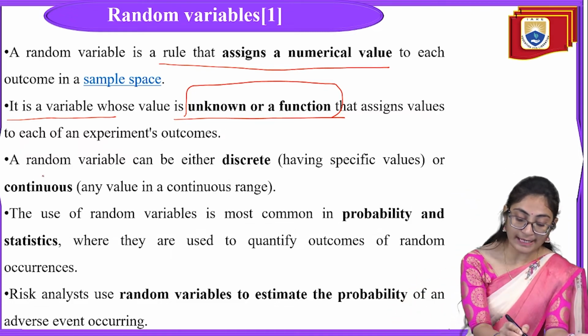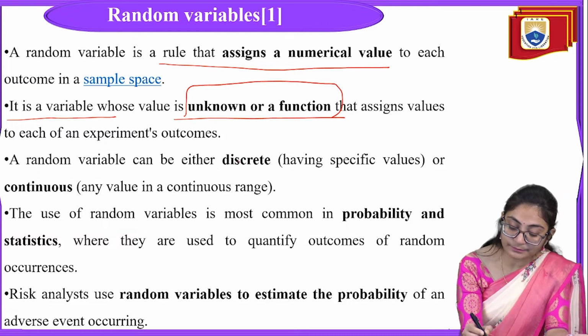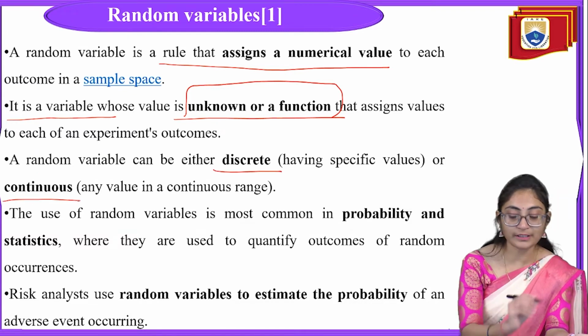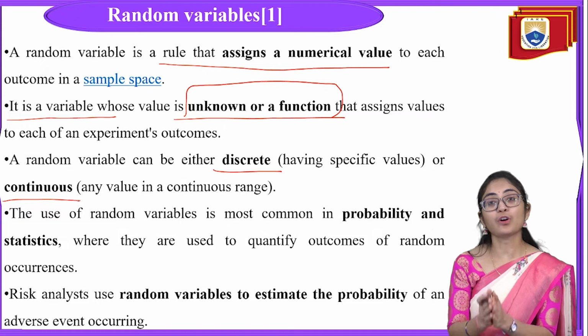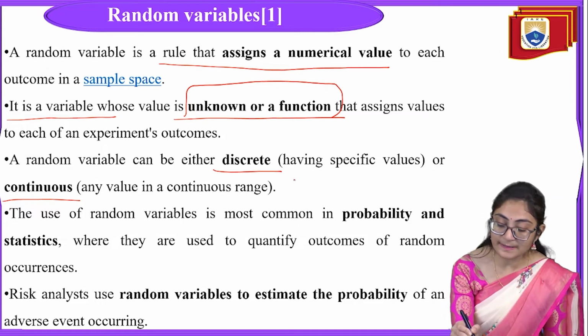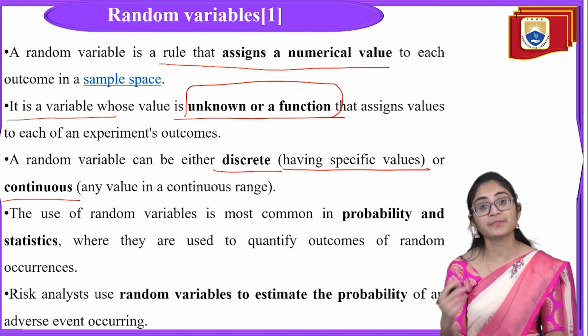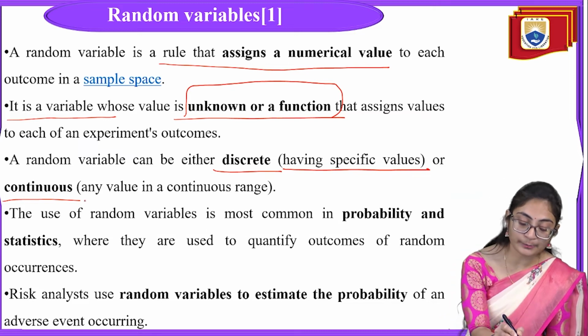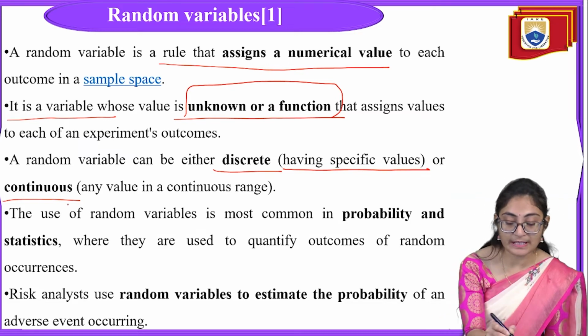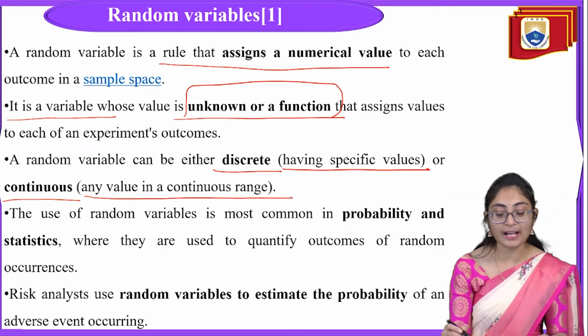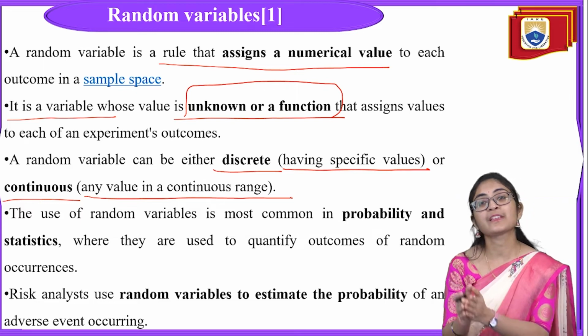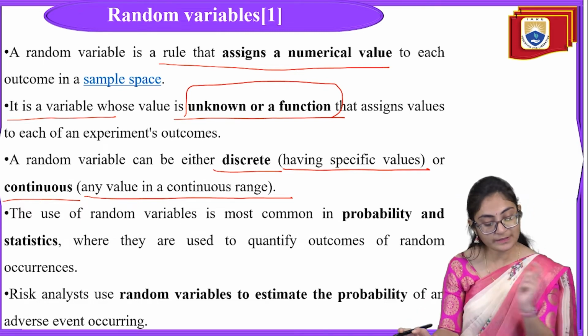The random variable can be either discrete or continuous. Discrete has some specific values, and continuous values have some continuous range.